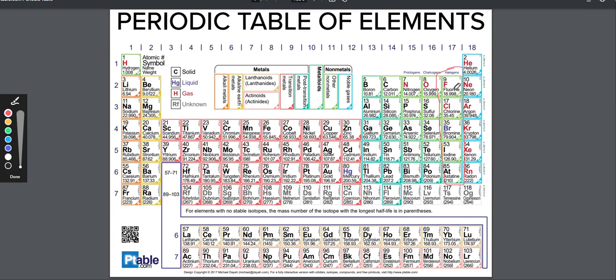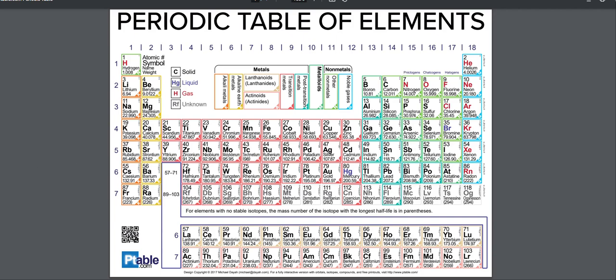So all those folks, fluorine, chlorine, always exist in a diatomic format. And remember, as we said a few slides ago, as long as they belong to the same group, they exhibit the same chemical properties. So if fluorine exists as a diatomic molecule, guess what? Chlorine, bromine, and iodine will exist in the same format.